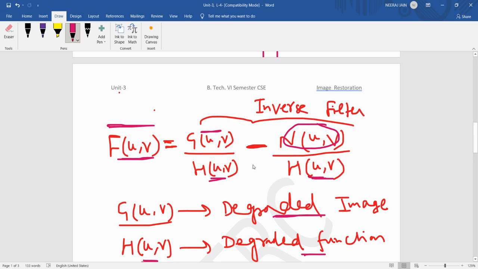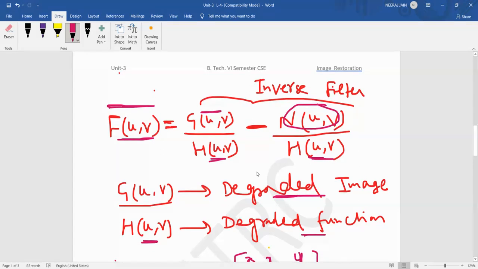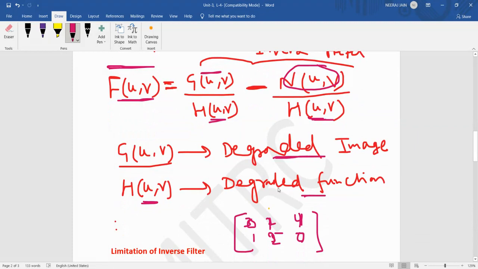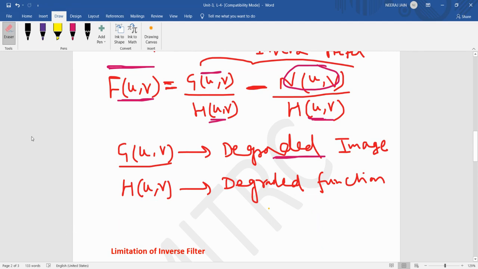So in the inverse filter, because we are not able to estimate the actual disturbance or noise, it is not considered. So we consider that the noise factor N(u,v) is 0.